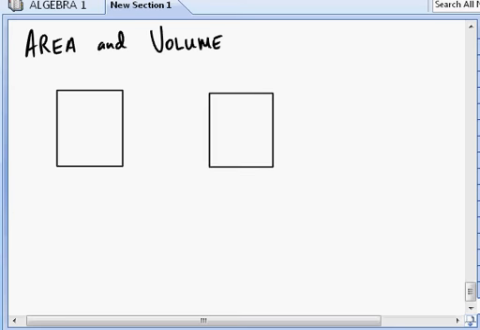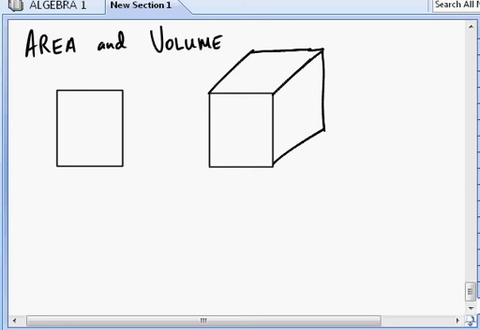Volume is 3-dimensional, like this. Okay? Volume is 3-dimensional, meaning it looks like it could be coming off the page. Area, this regular square, is 2-dimensional, meaning it's flat on paper.